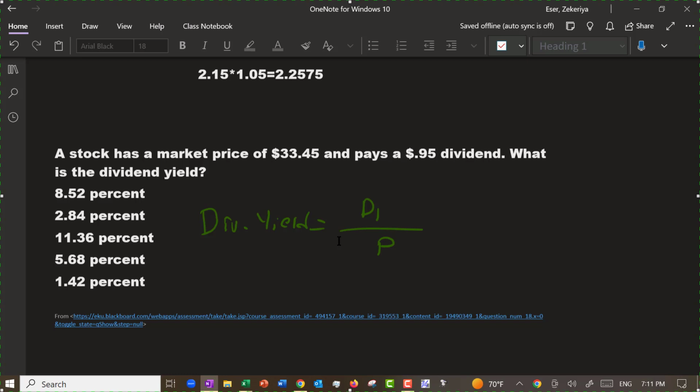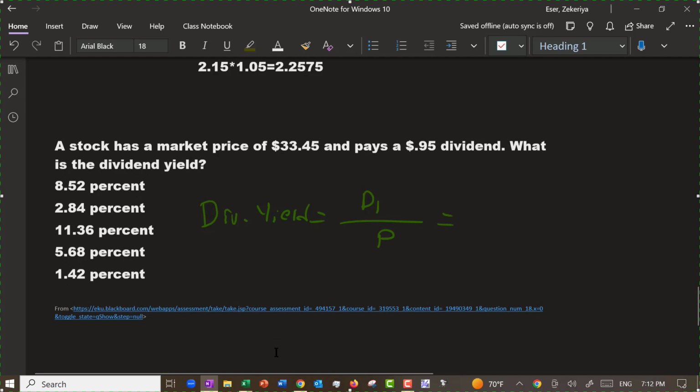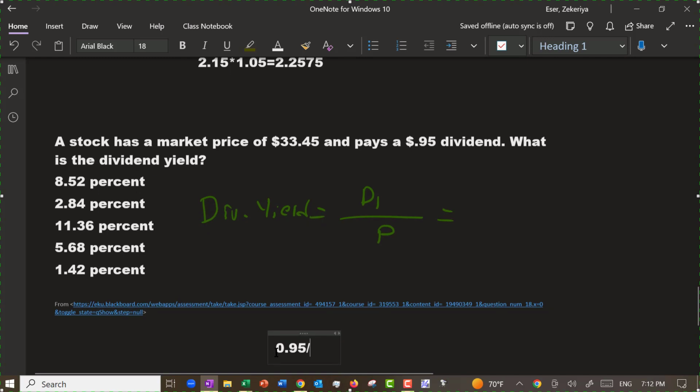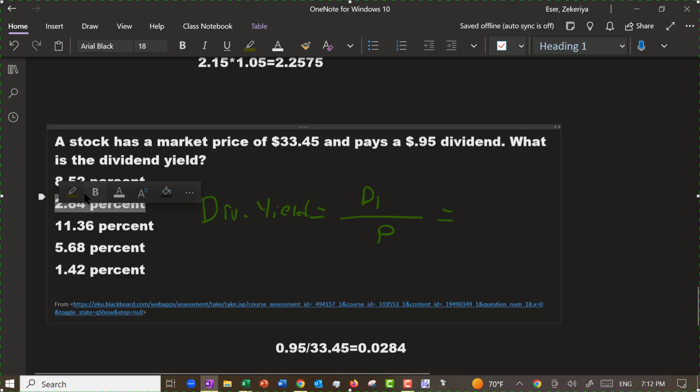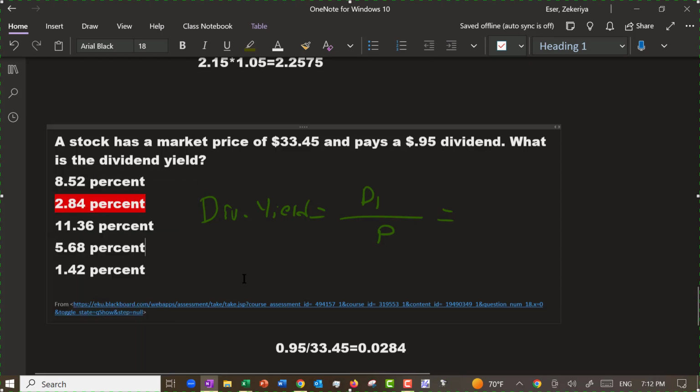So next dividend is, come on. Okay, let's do it here. 0.95 divided by 33.45. That's 2.84%. Again, write down the definition. It immediately takes you to the answer.